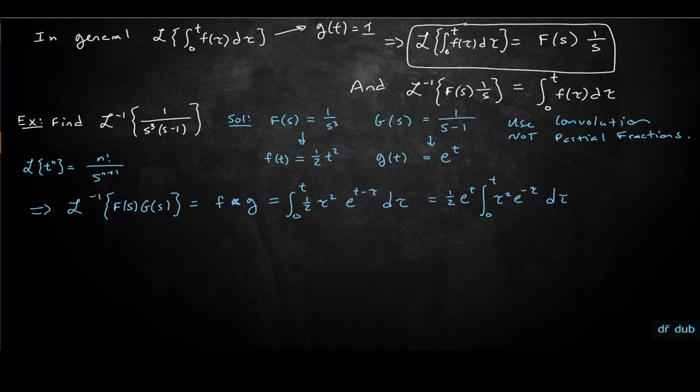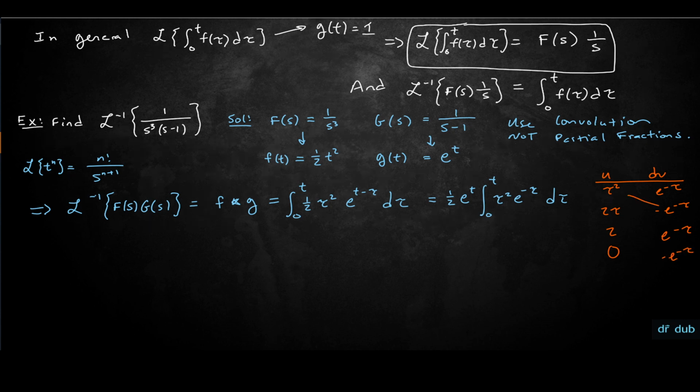Anybody take a shot in the dark? Do integration by parts. So u and dv, put the tau squared here, put the e to the negative tau here, 2 tau, 2, 0, negative e to the negative tau, negative e to the negative tau.